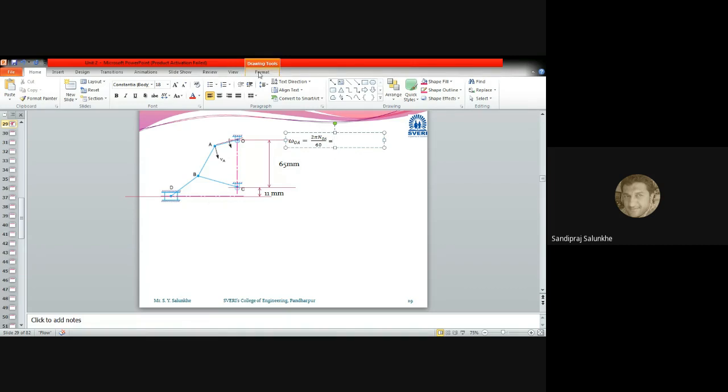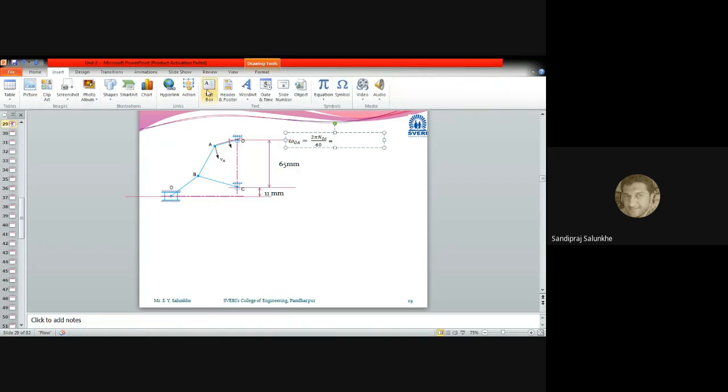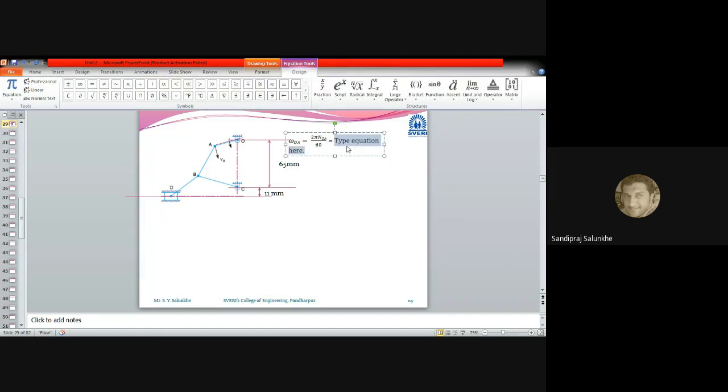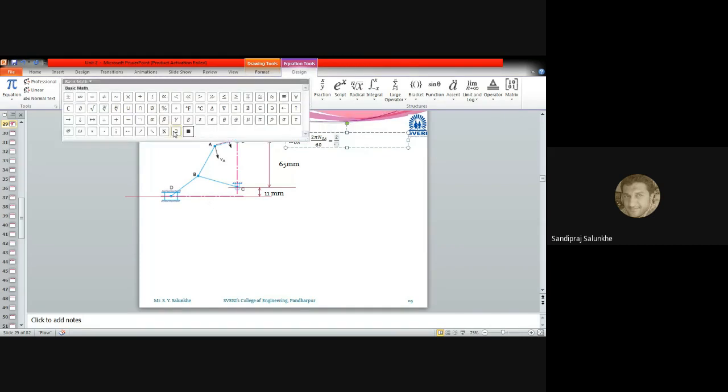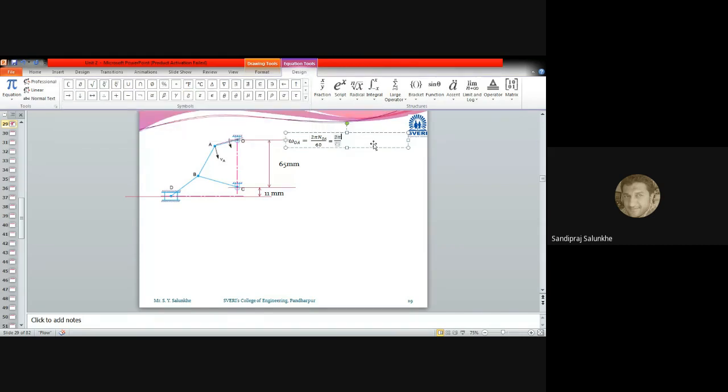Then this omega OA is equal to 2 multiplied by pi into 600 divided by 60.